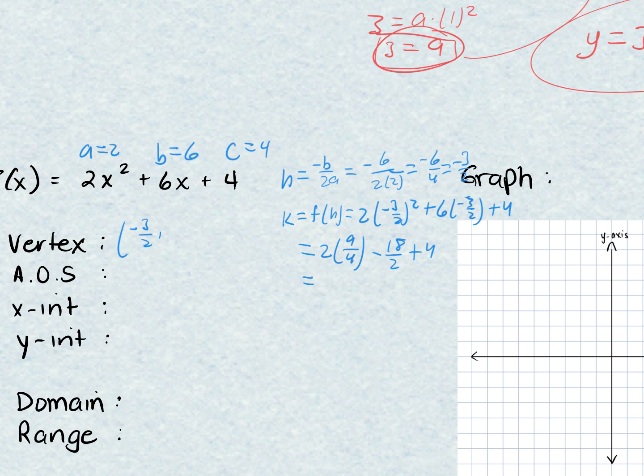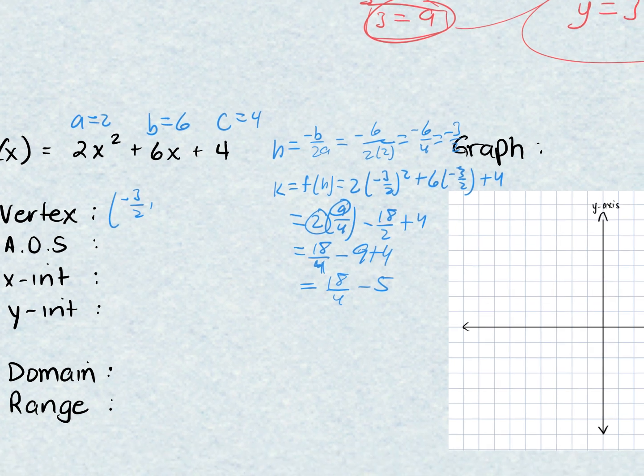A lot of you might do 18 over 4, multiplying this whole number with the numerator, that's fine, minus 9 plus 4. And then you get 18 over 4 minus 5. From here, I would try to simplify that fraction more before trying to find a common denominator.